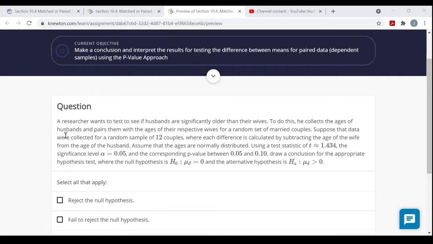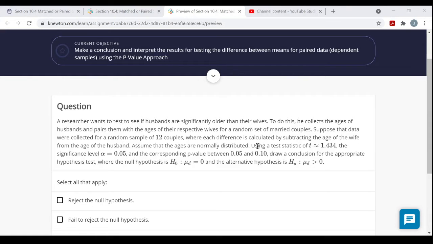Suppose the data were collected for a random sample of 12 couples, where each difference is calculated by subtracting the age of the wife from the age of the husband. Assume that the ages are normally distributed, so that the average differences will have a Student's t-distribution with 11 degrees of freedom.